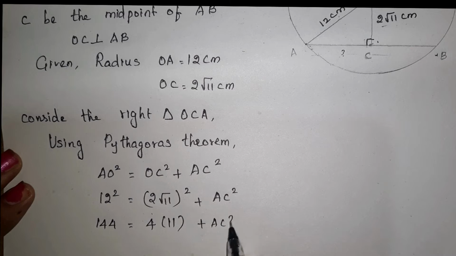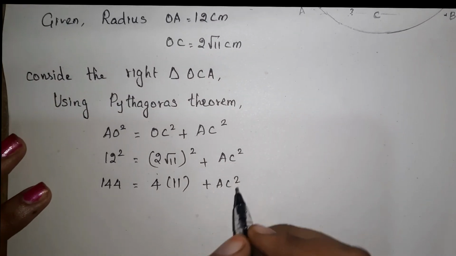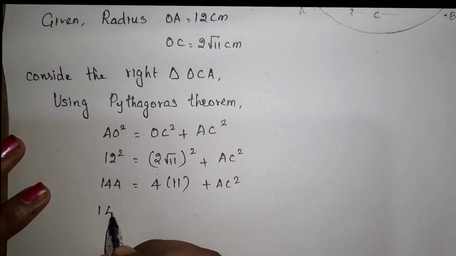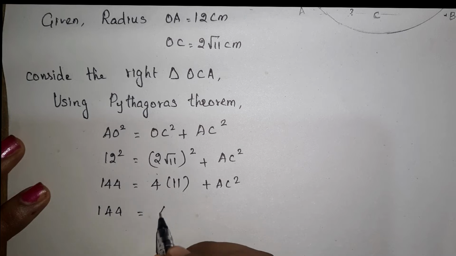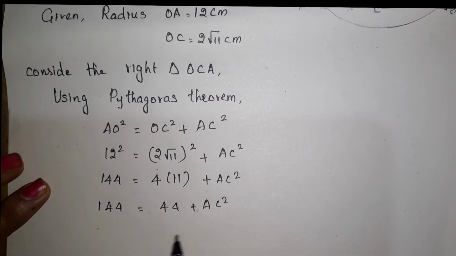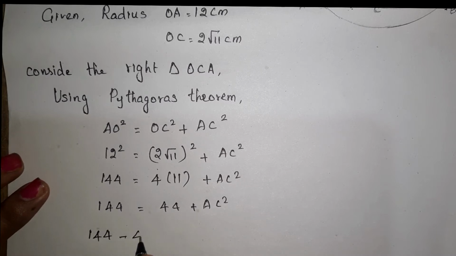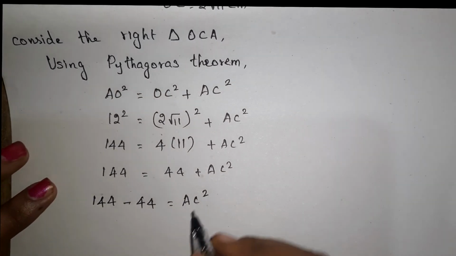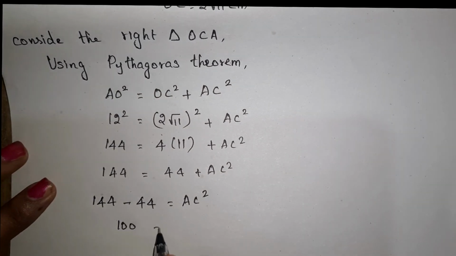So 144 equals 44 plus AC square. Keeping AC square aside, 144 minus 44 equals AC square. So now 100 equals AC square.